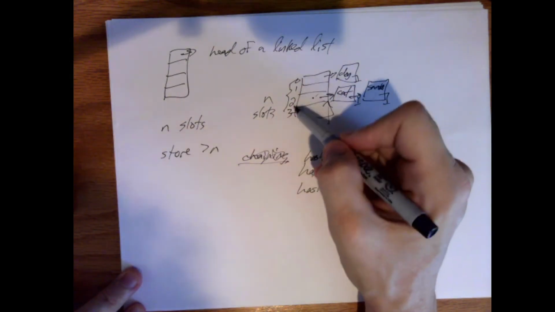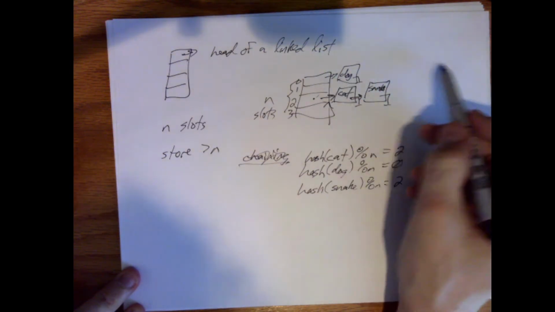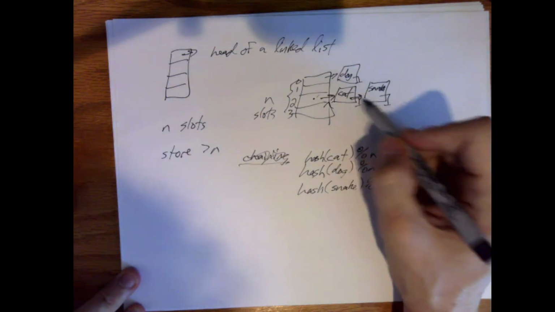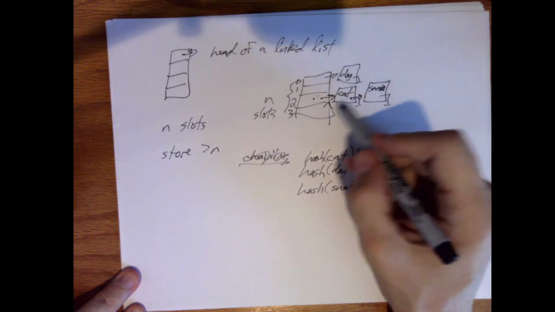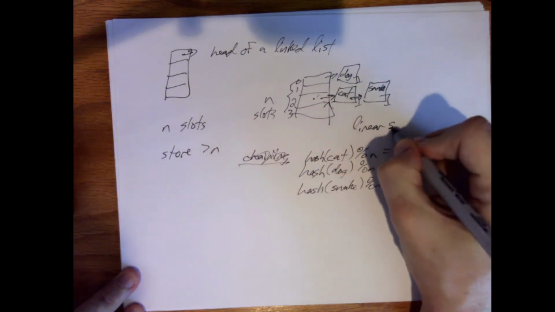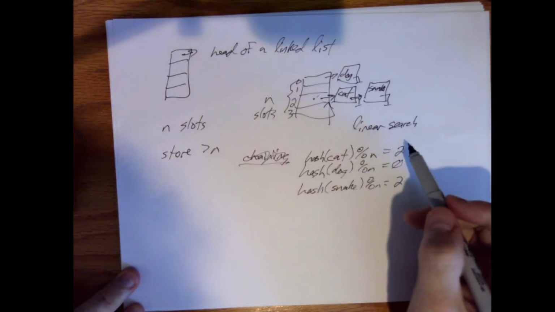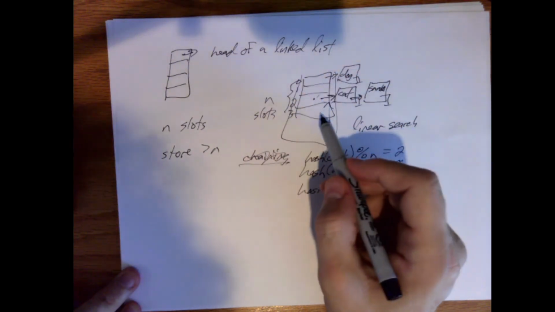If I really only had 4 slots and I have to store 1,000 things, well now I have a bunch of linked lists, which means that when I'm looking for something to see if it's already there, I'm still searching a linked list, which is basically a linear search. So that doesn't operate very quickly. So that has no benefit. So I still want this generally to be very big.